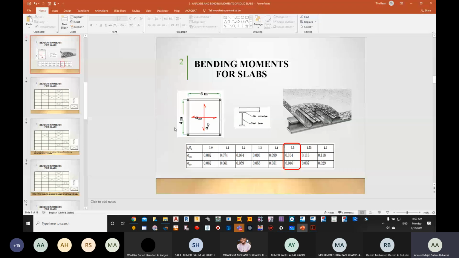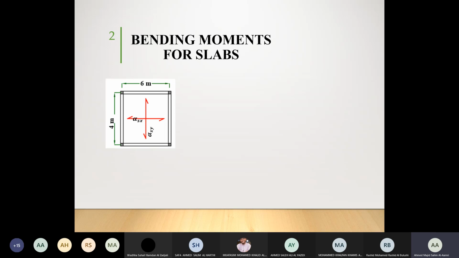Now, for a simply supported slab, if we want to draw the bending moment diagram here, can you help me in drawing the bending moment diagram for this case? If I take a line here, you will see that this is my slab, supported by a beam here, and this is going to be my bending moment here.